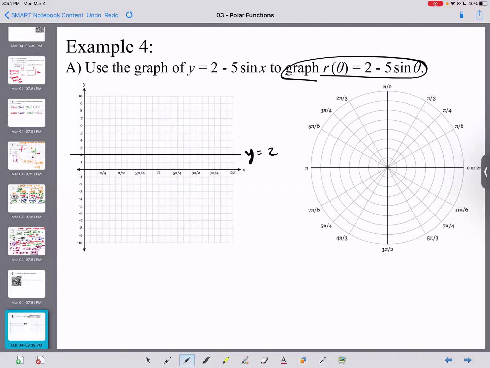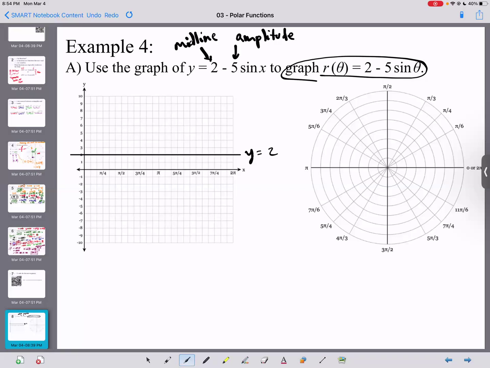Now my amplitude on this problem is 5. Remember, this is the midline. This is the amplitude. Because it's negative, we're going to go to the minimum before we go to the maximum. Question for you. Does sine begin at its midline, or does sine begin at its typically maximum or minimum value? The midline. That's right.